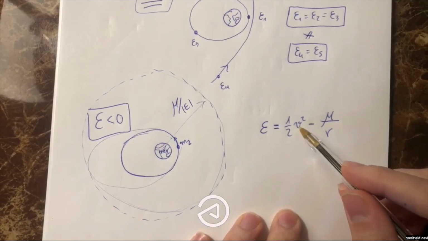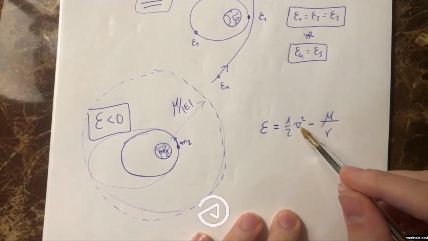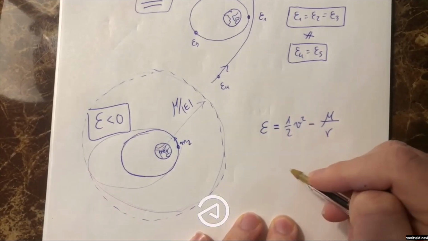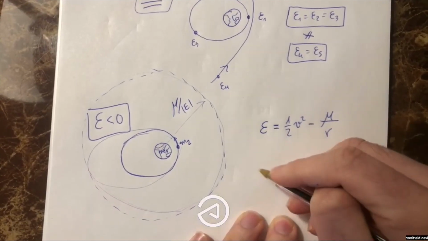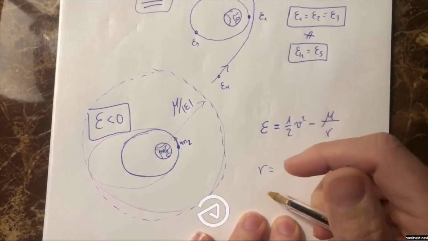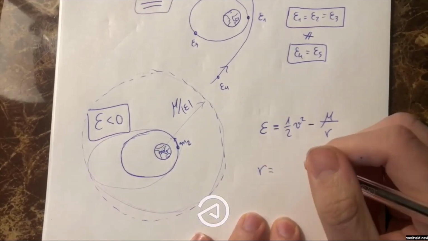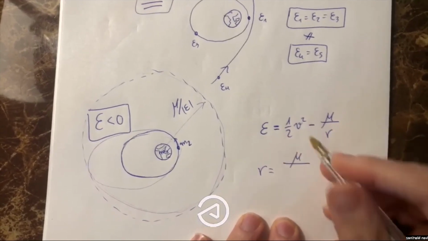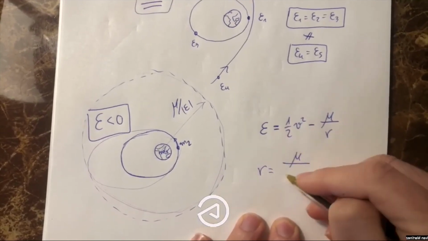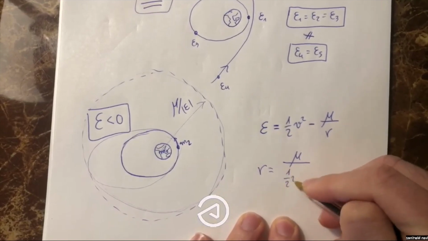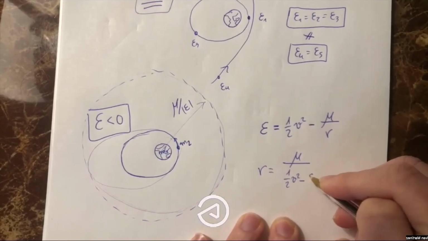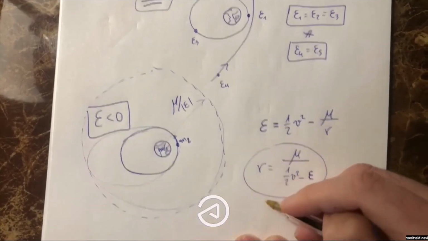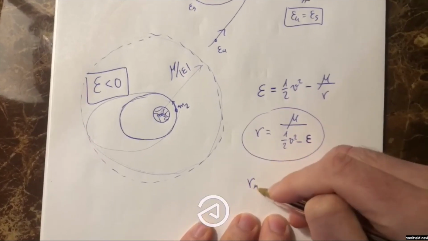If this is max, this is 0. So let's isolate for r from here. It will be mu divided by 1/2 v squared minus e, right? So we're looking for the maximum radius.